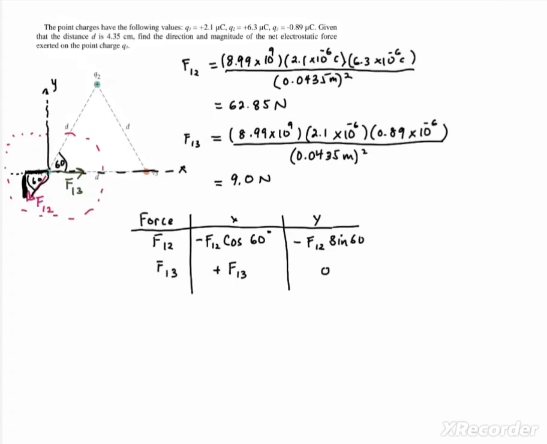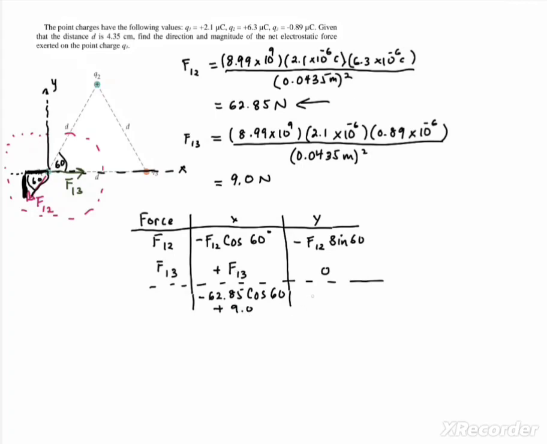Now if you remember from vector addition, what we do is we add all the x components, then we add all the y components. So let's just add the x and the y components. So we have negative F12, which we figured out earlier is 62.85, times cosine 60, plus F13, which is 9.